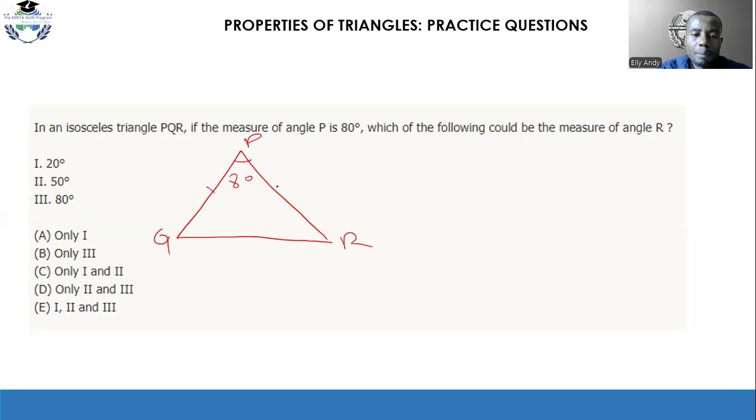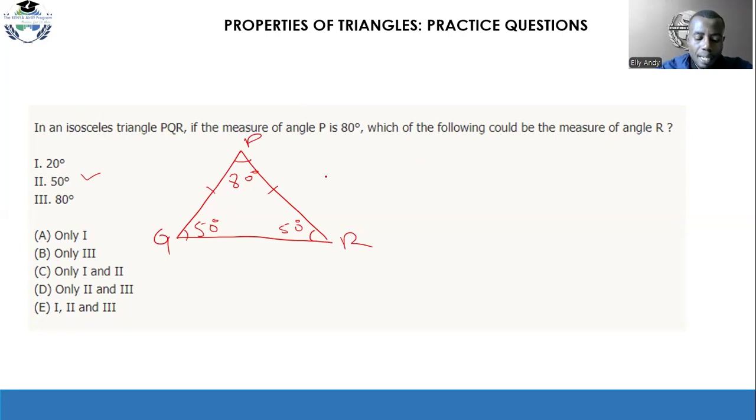So it can be tempting to do this question like this, have 80, and then 50, 50, and then conclude that angle R is 50. That would be only partially correct, because all we know is that P is 80, but we don't know whether P is a base angle or not.